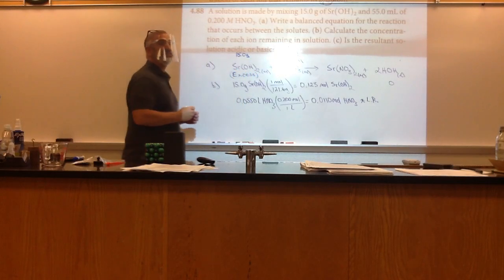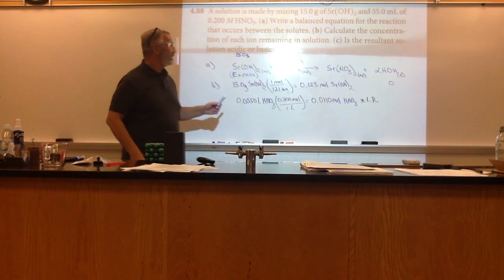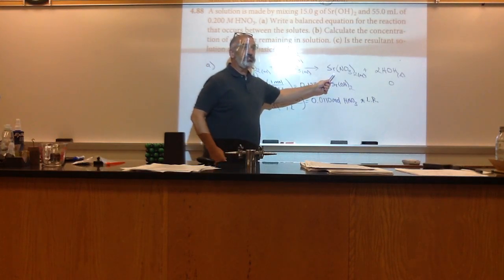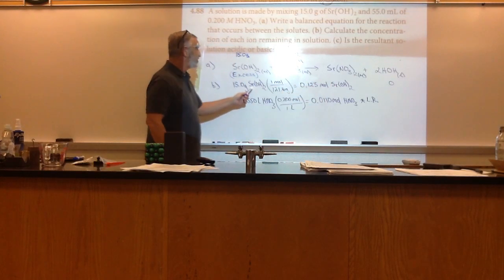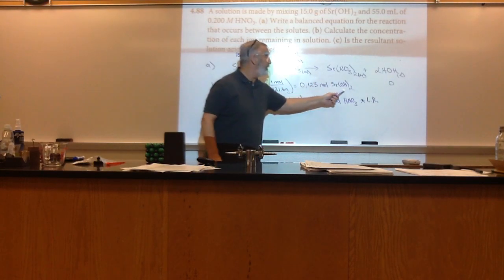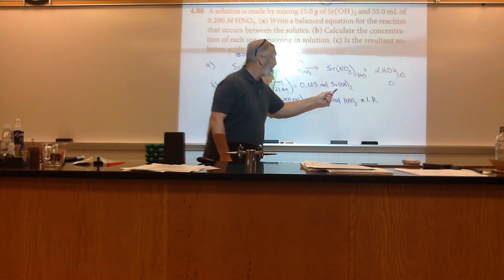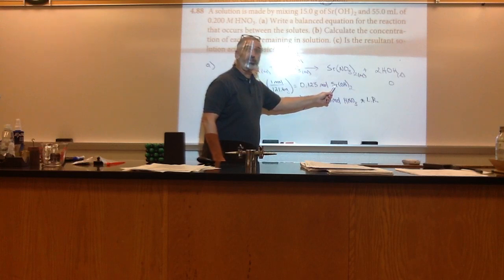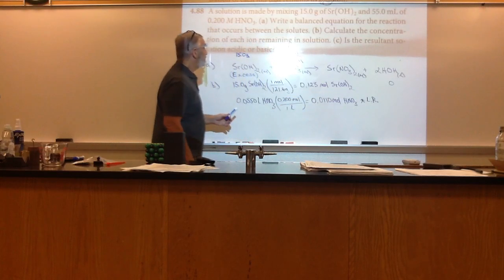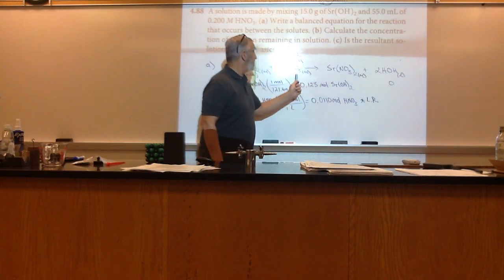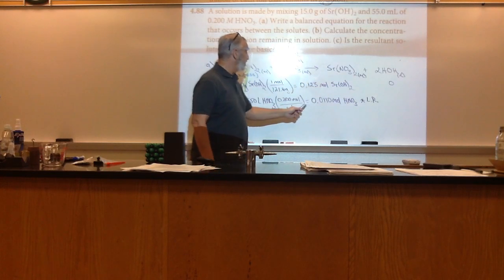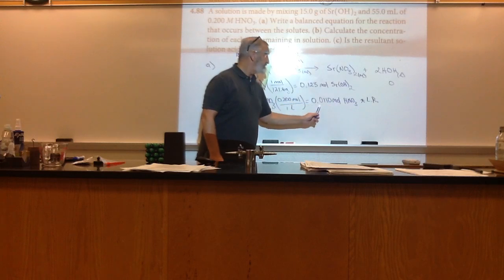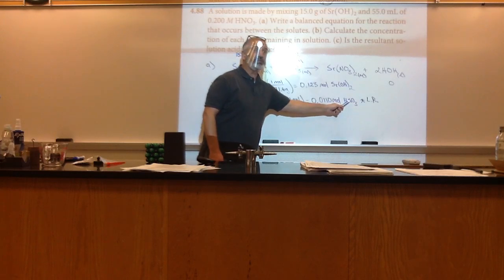So when all is said and done, my strontium is still going to be in solution, however much I started with. I started with 0.123 moles. For every 1 mole of this, I get 1 strontium. So I know that I started with 0.123 moles of strontium. I know that nitrate stays the same. I started with 0.011 moles of HNO3, so I have 0.011 moles of NO3 minus.